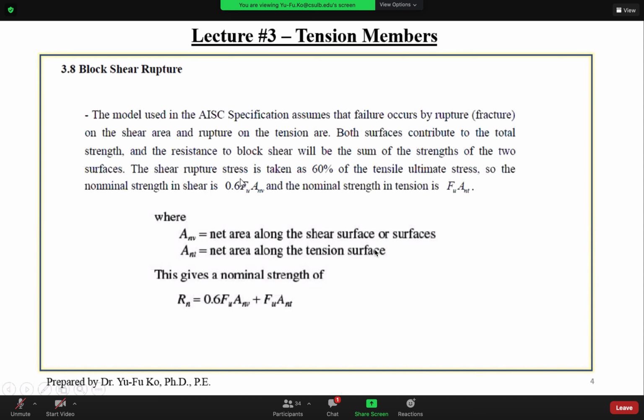The shear rupture stress is taken as 60% of the tensile ultimate stress. So the nominal strength in shear is 0.6 Fu times Anv. So this is the ultimate tensile strength, and we take 60% of that as our nominal shear strength.